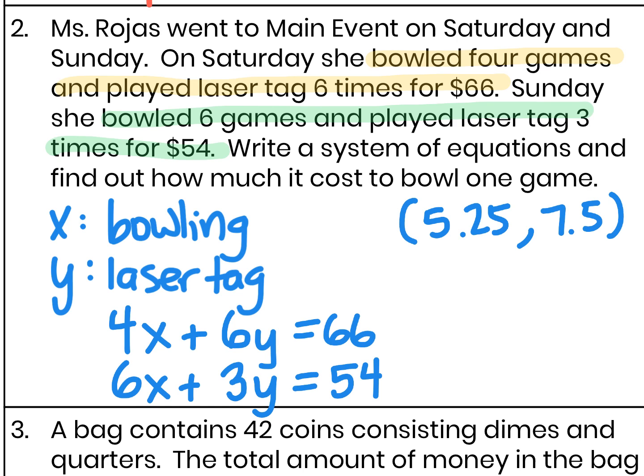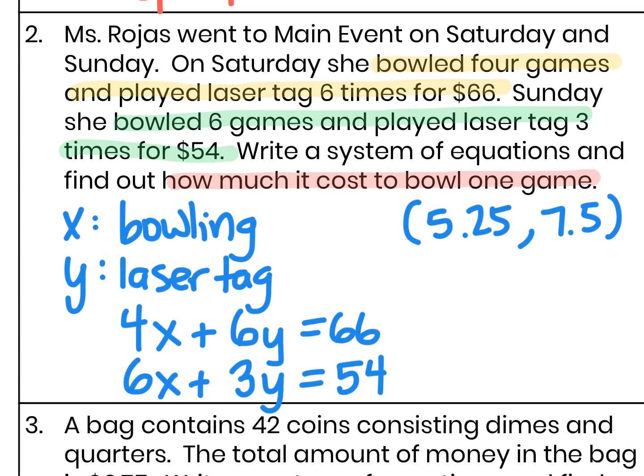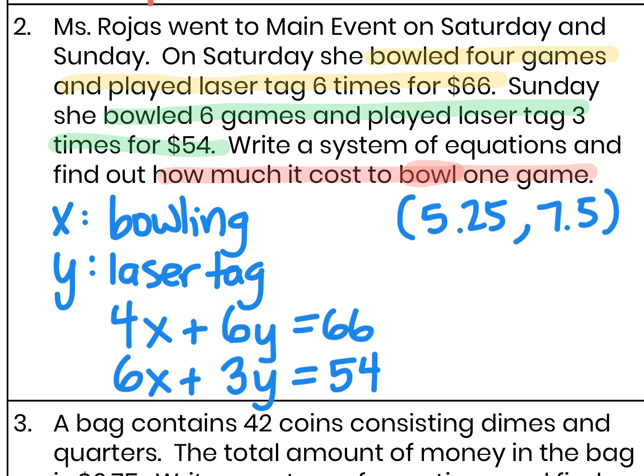But you have to be careful with this one because they're asking how much does it cost to bowl one game, specifically bowl. So in our little system here, we use the letter X to represent bowling. So that means that the first one is what goes with bowling.